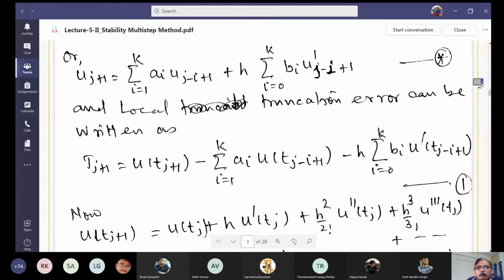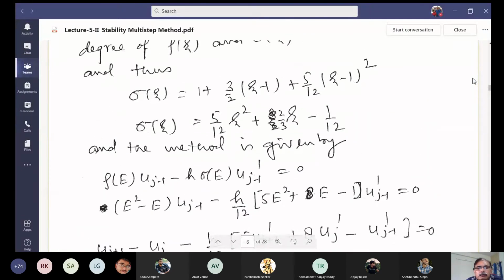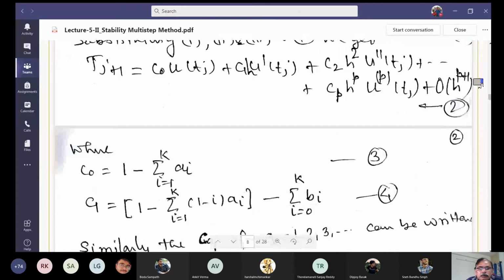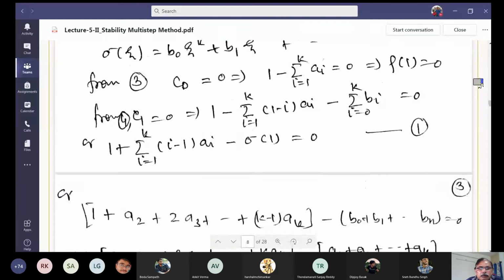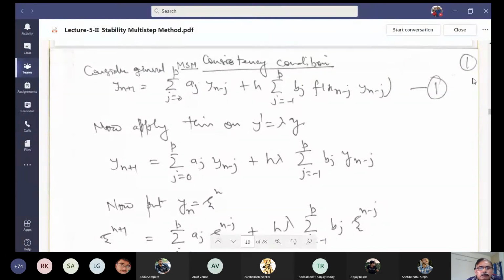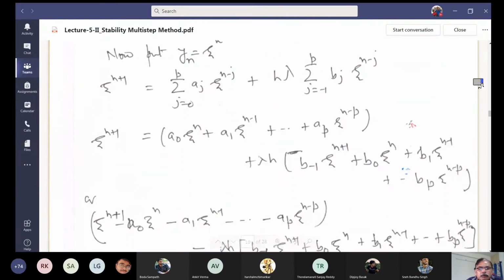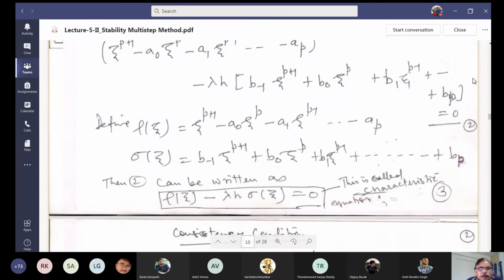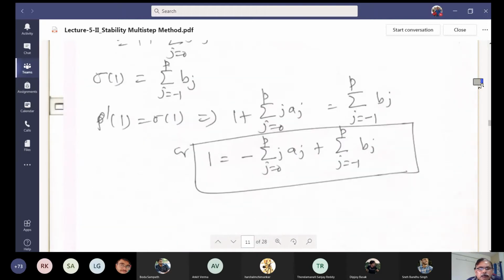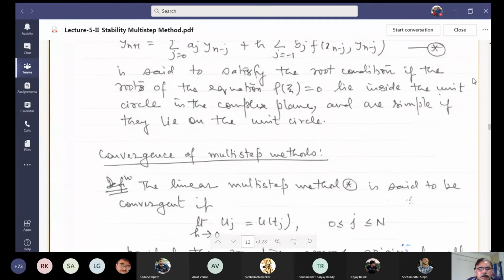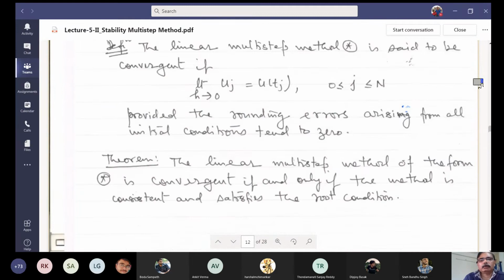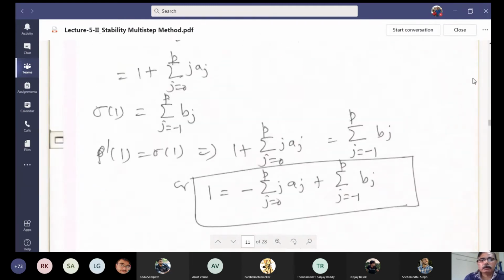Just wait for a moment. Okay, so these definitions are to tell you people, otherwise.